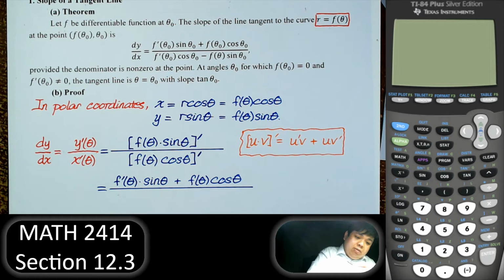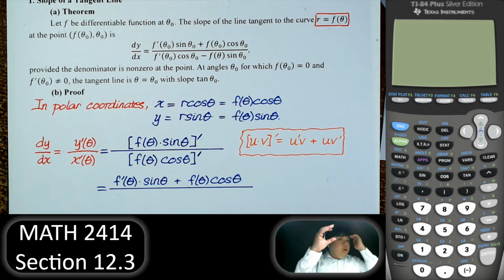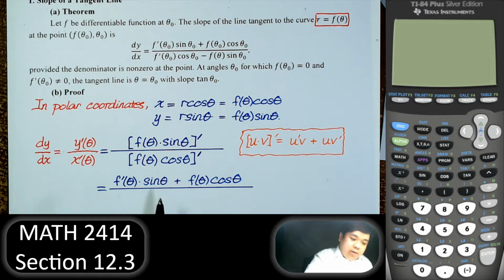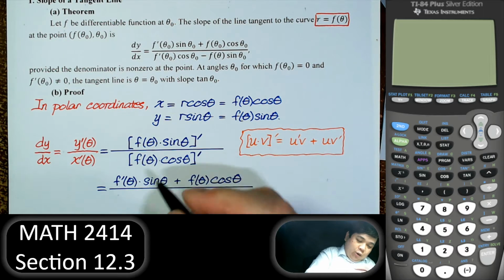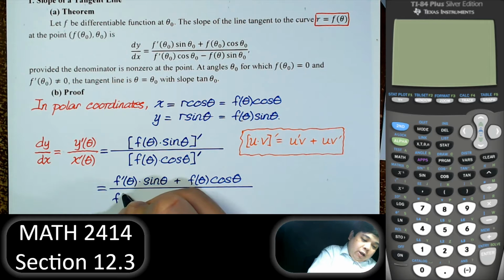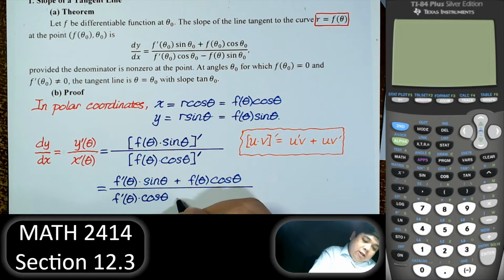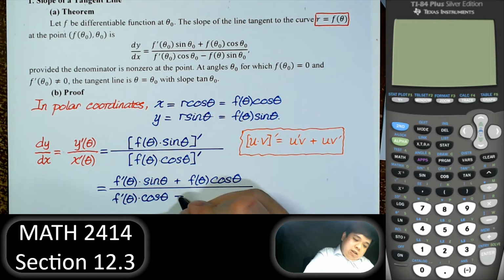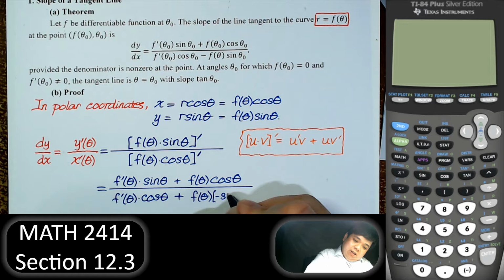And then this is not a quotient rule. We have a product rule on the top and a product rule at the bottom. So the product rule at the bottom: u prime v plus u, and the derivative of cosine is negative sine, and multiply it out, that becomes negative.